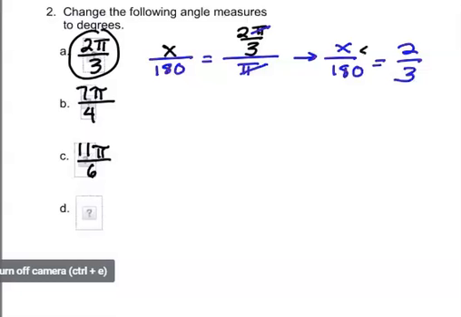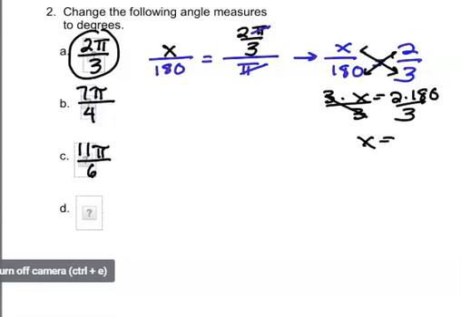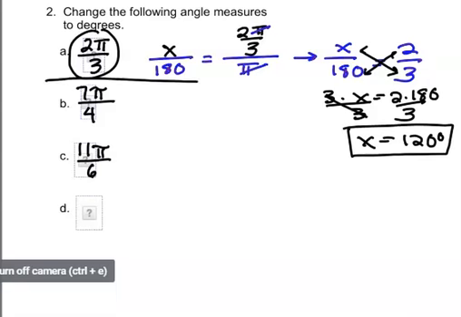And now I'm going to cross multiply. So I'll go 3 times x equals 2 times 180. So we cross multiply, and we get 360 divided by 3, which should be equivalent to 120. Okay? So 2 pi over 3 radians is equal to 120 degrees.